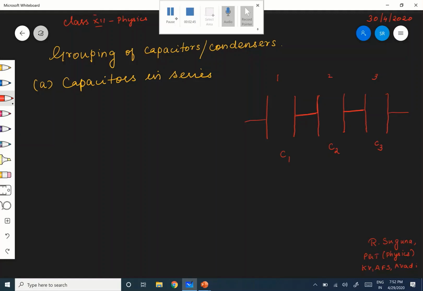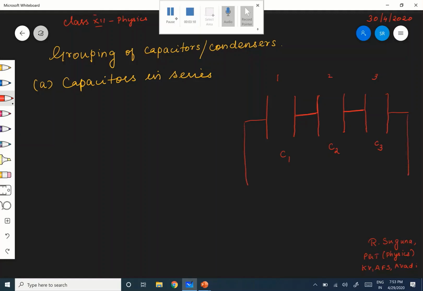The right plate of the first capacitor is connected to the left plate of the second, and the right plate of the second capacitor is connected to the left plate of the third capacitor. The extreme ends, that is the left of the first capacitor and the right of the third capacitor, I am going to connect to a potential difference.